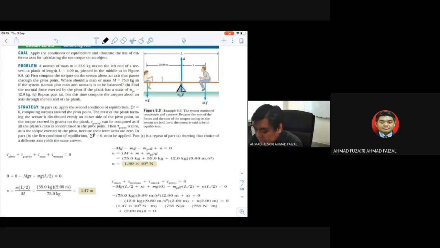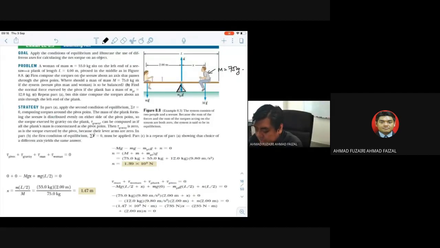First, compute the torques on the seesaw about an axis that passes through the pivot point. Then, where should a man of mass M, 75 kilograms, sit if the seesaw plus man and woman is to be balanced?